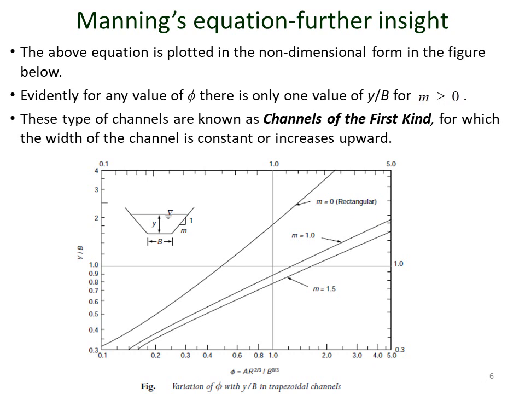So this type of channels, for which m is greater than or equal to 0, is known as the channels of the first kind. And for the channels of first kind, remember the flow depth is a unique function of the section factor.